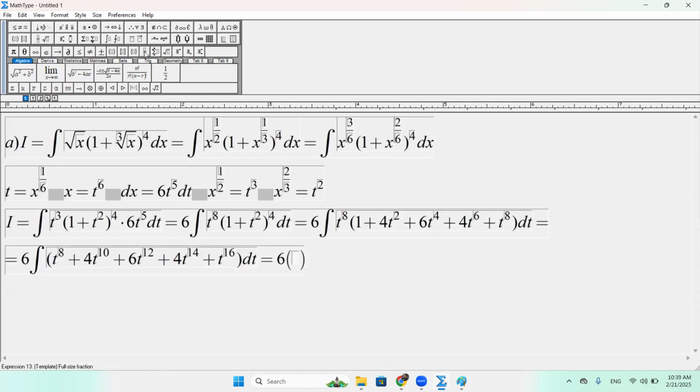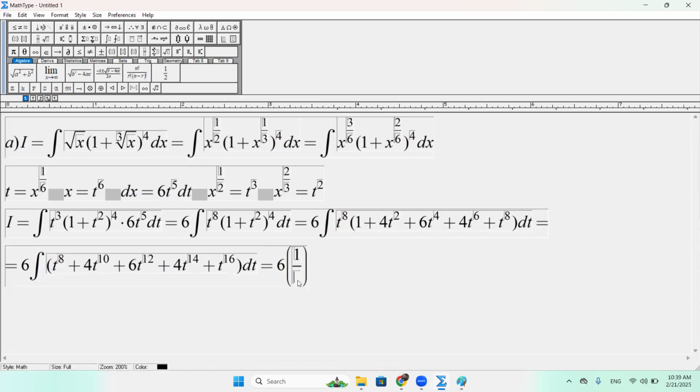Okay, so 1 over 9 t in power of 9. So we rationalized the integral, and we have just a polynomial instead of such not understandable roots.